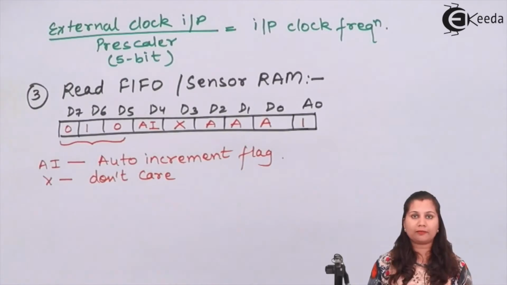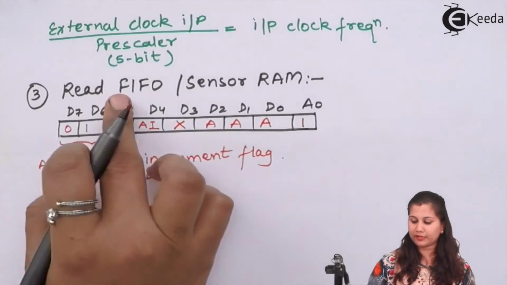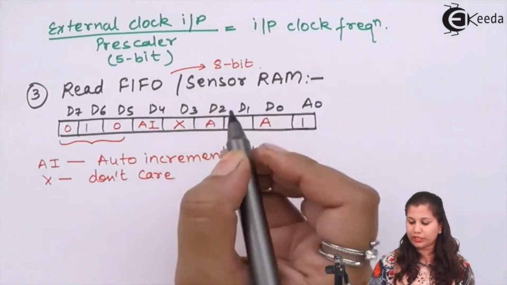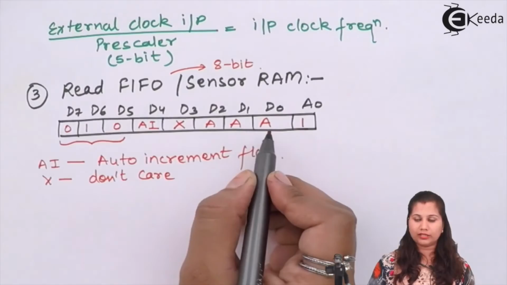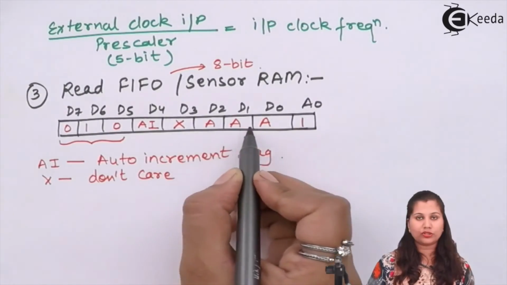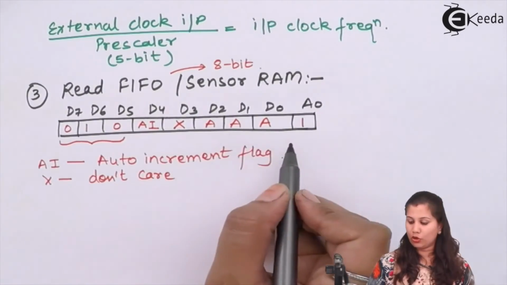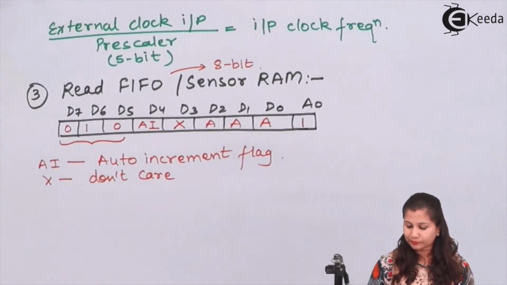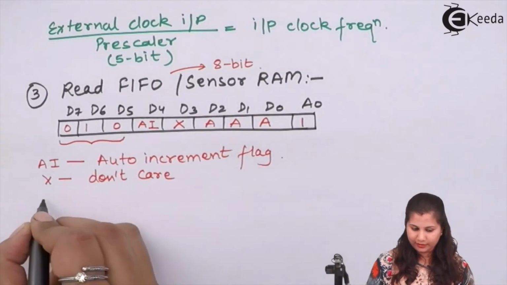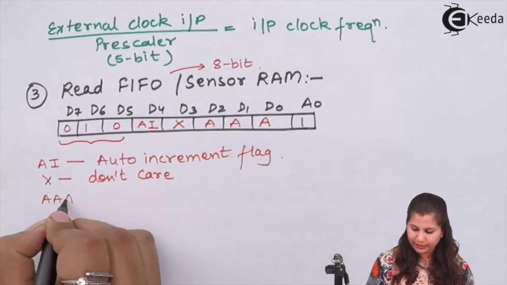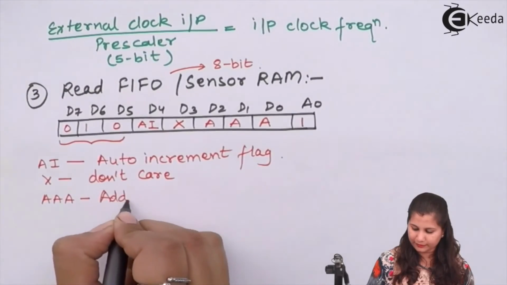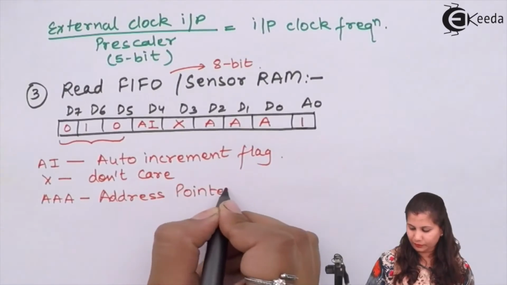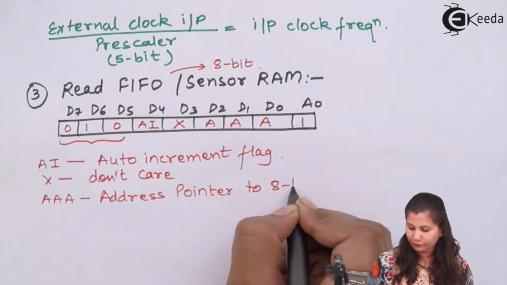Since this FIFO is an 8-bit FIFO RAM, the address has to be of 3 digits, that means 000, 001, 010. So we can have 8 combinations of 0 and 1 here. So AAA is the address pointer to the 8-bit FIFO RAM.